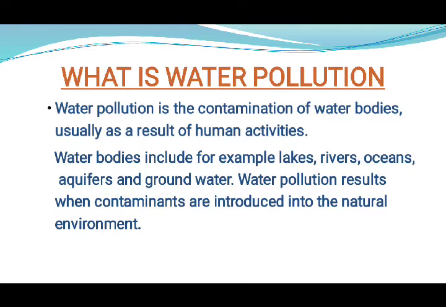So here also, when water gets contaminated by various factors, it is said that water gets polluted. And all these materials which are actually causing water pollution can be termed as water pollutants. So the substances which are responsible for the contamination of water can be called water pollutants.